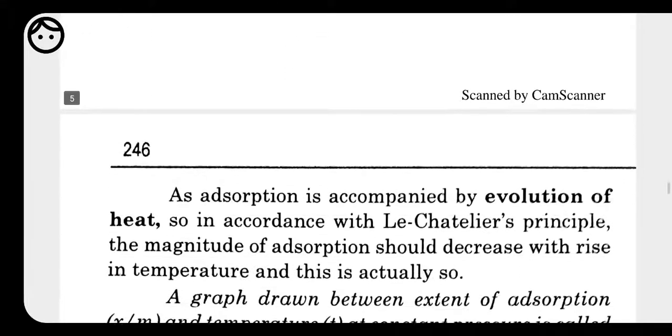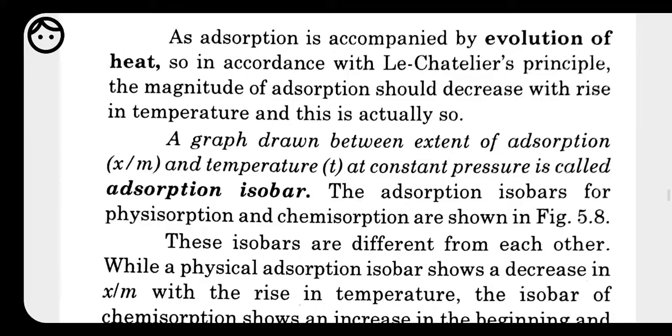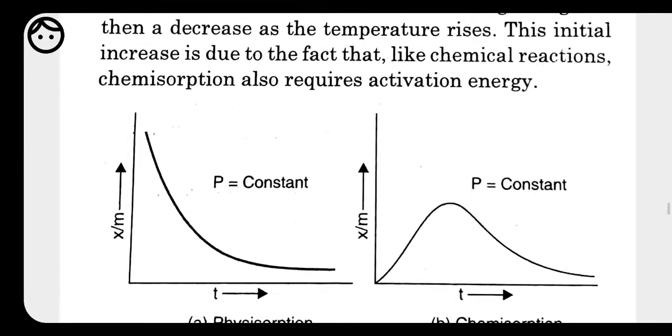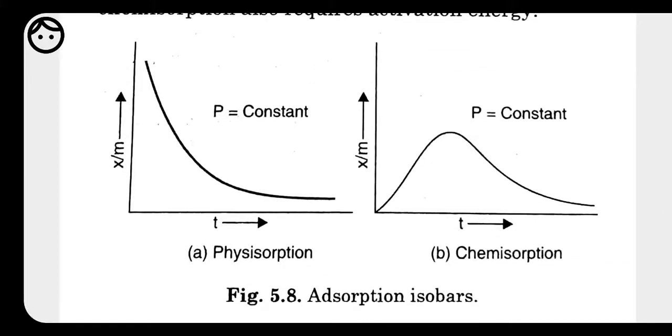So whenever we plot the graph between the extent of adsorption and temperature, keeping the pressure constant, we have different graphs for physical adsorption and chemical adsorption. Why?